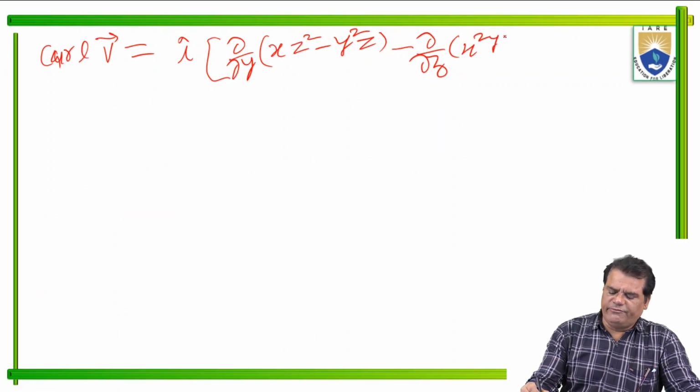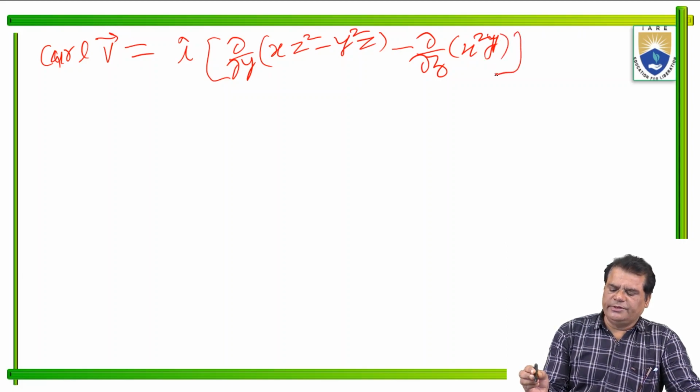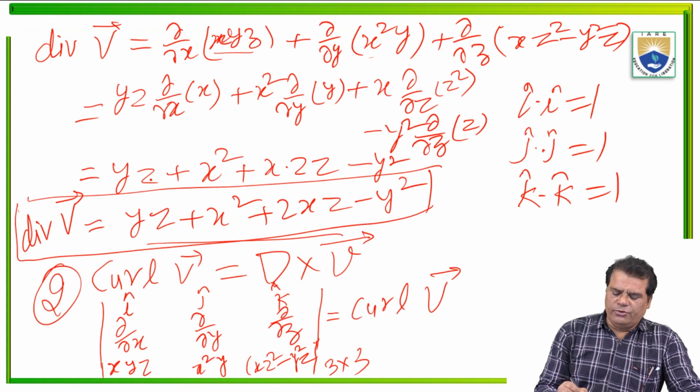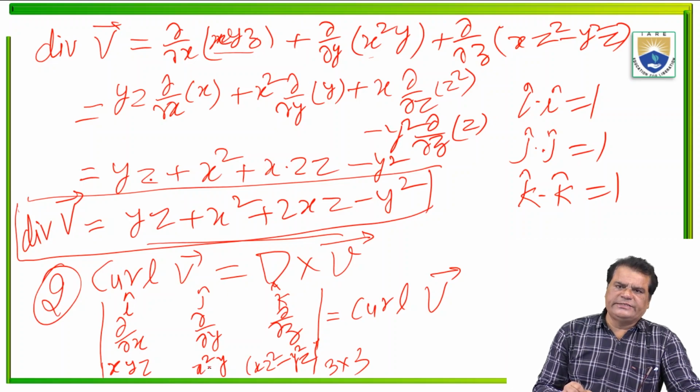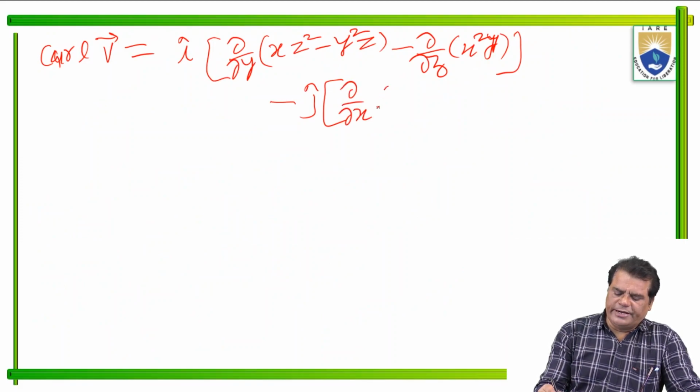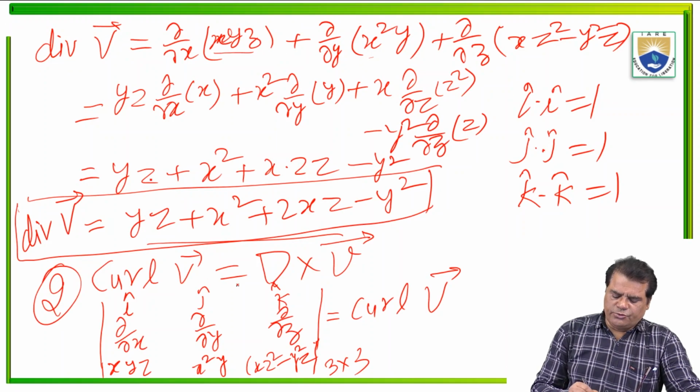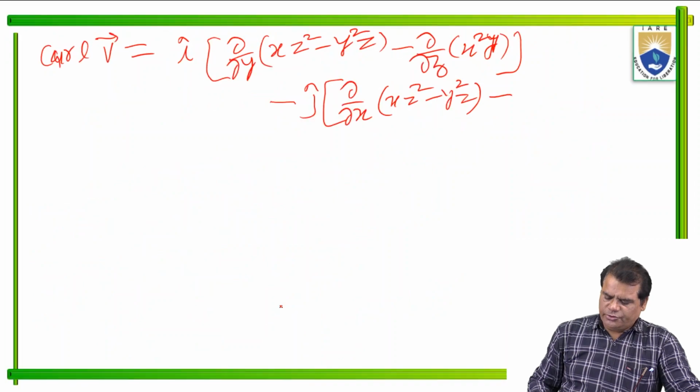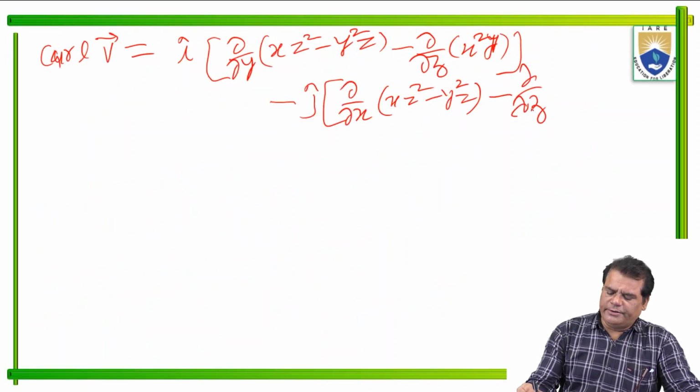This cancels, and then minus j means second row and first column, first row and second column cancel, then ∂/∂x of bracket xz square minus y square z, and minus ∂/∂z of xyz.